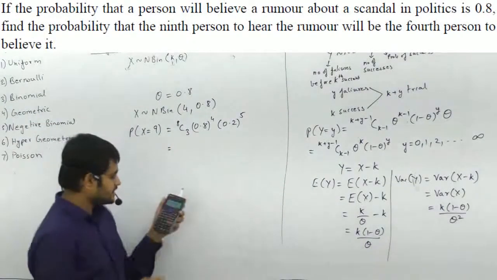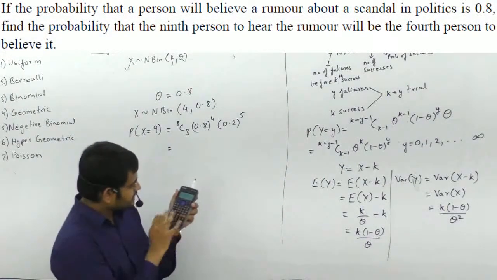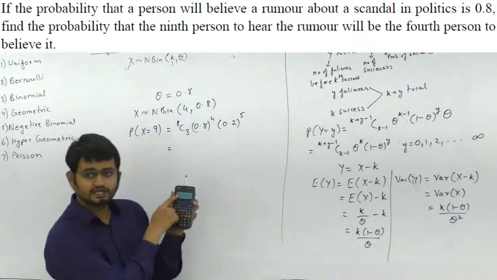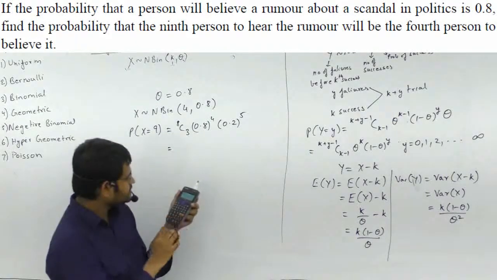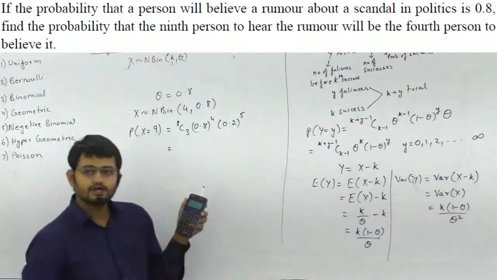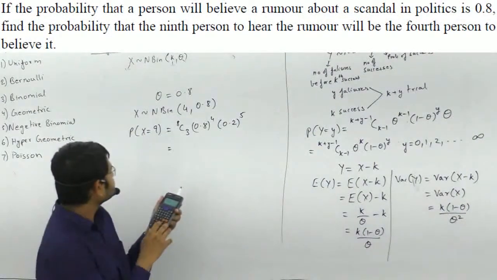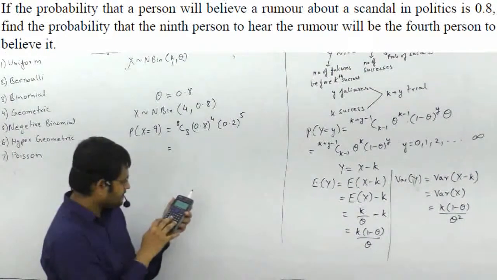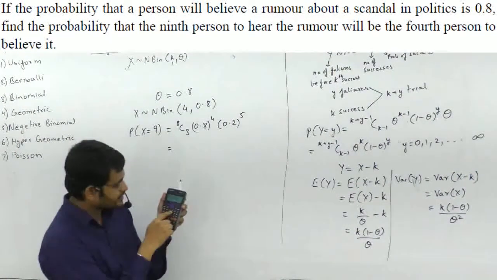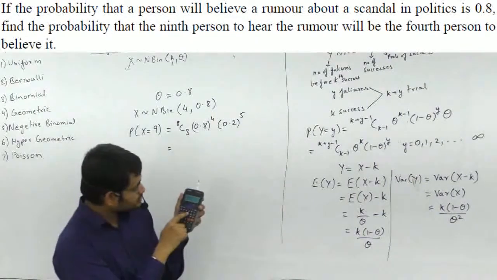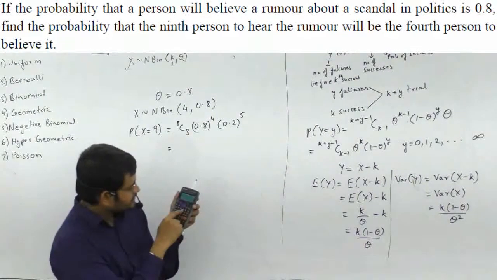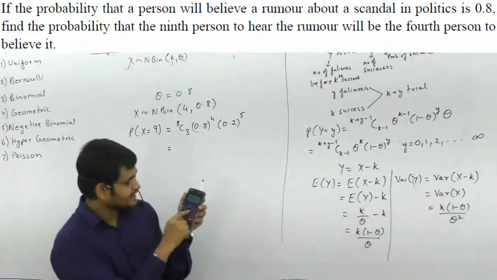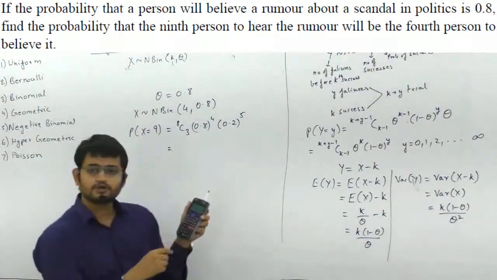For 8C3, write 8, then press shift and the division key, which gives you a C, and then r is nothing but 3. So 8C3 is 56. 56 into 0.8 raised to 4. For raised to, there's an X button with a box above it, so it is X raised to, and then you can put whatever value you need.